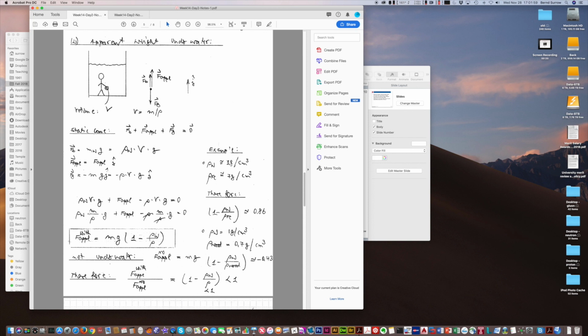We have therefore mg, which is here, and then this term will have a negative sign. So we also have mg here. You can take this out, but you have here a ratio of the density of water divided by the density of this object here. And let's calculate now.